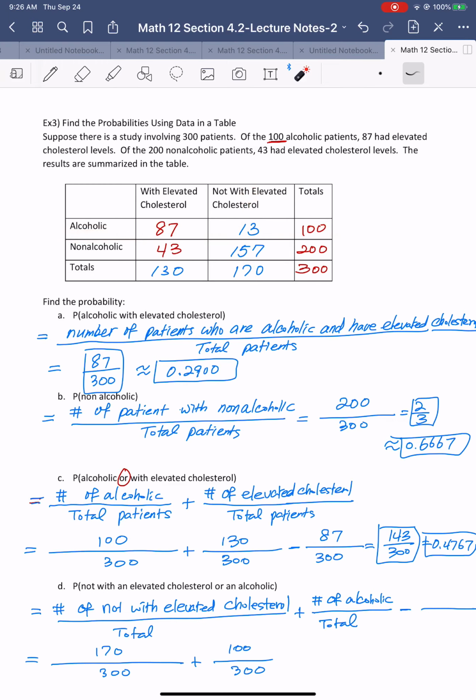As you notice, we're adding the 13 twice, so subtract 13 out of 300. There are people who have a cholesterol problem and an alcohol problem. If you do that, it's 257 over 300, so it's about 0.8567. All right, so you need to use a table to answer the questions.